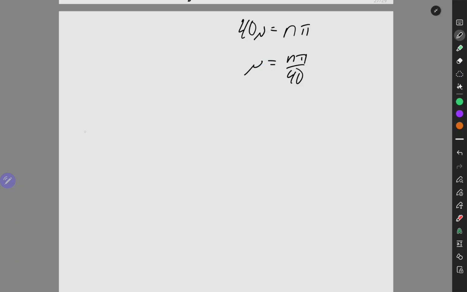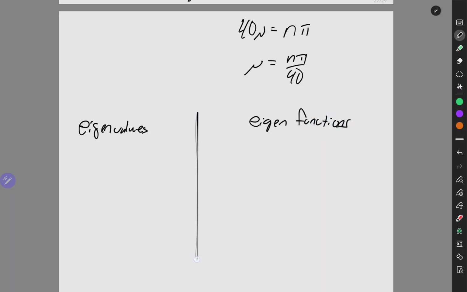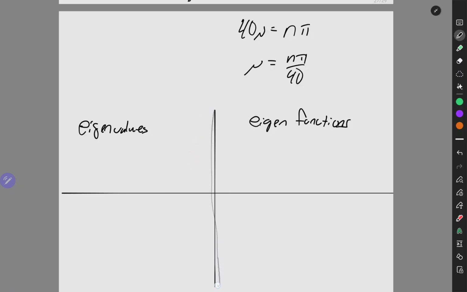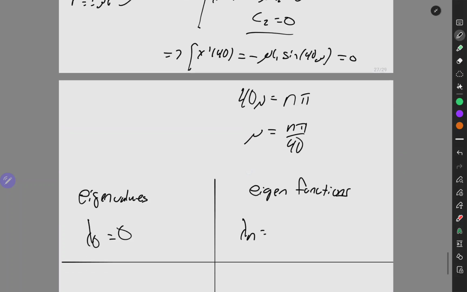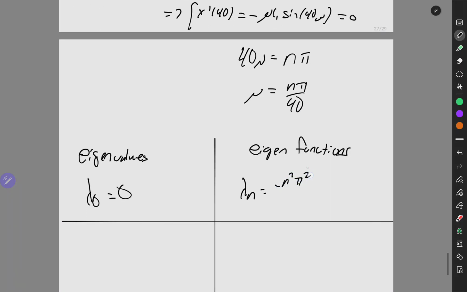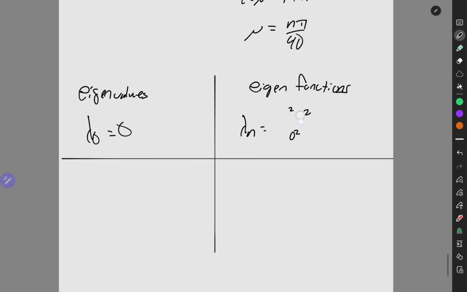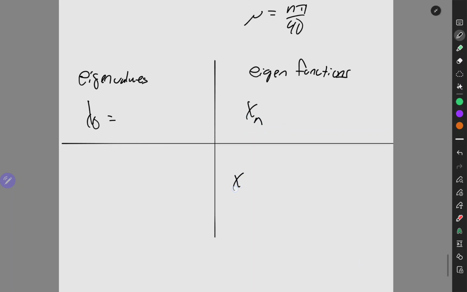And then we get our eigenvalues, eigenfunctions. I'm going to make a little table here. We have lambda naught is 0. We have lambda n equals negative mu squared. Oh, wait. Wrong one. Oh boy, this should be X of n.